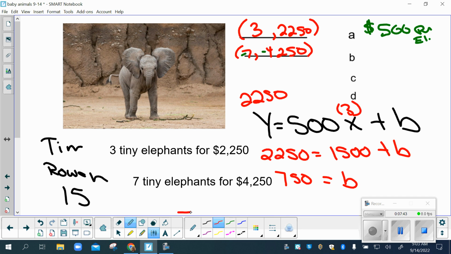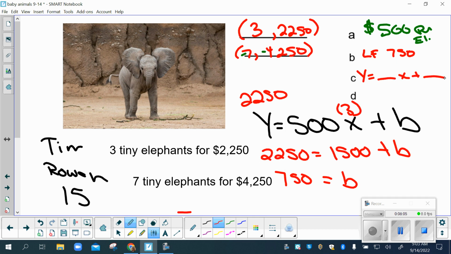Did you get 750? Did I do that right? Yeah. I'm just doing it up here. So our licensing fee, LF, is $750. So now what I'd like you to do on part C, write me a function for this situation. In other words, y equals blank x plus blank.